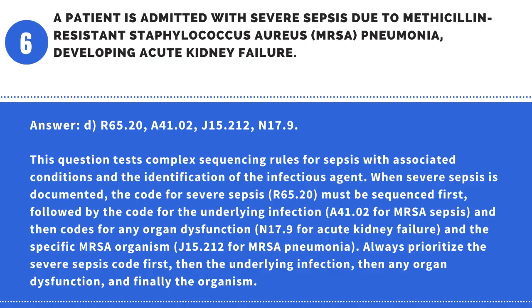When severe sepsis is documented, the code for severe sepsis, R65.20, must be sequenced first, followed by the code for the underlying infection, A41.02 for MRSA sepsis, and then codes for any organ dysfunction, N17.9 for acute kidney failure, and the specific MRSA organism, J15.212 for MRSA pneumonia. Always prioritize the severe sepsis code first, then the underlying infection, then any organ dysfunction, and finally the organism.